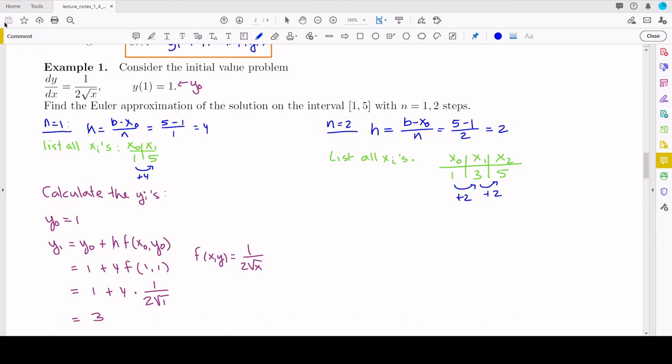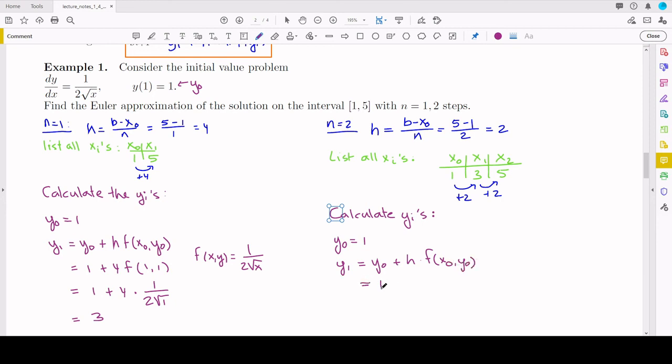Okay, and now we can calculate our yi's. We start off with y naught being equal to 1, y1 equals y naught plus h times f of x naught, y naught.